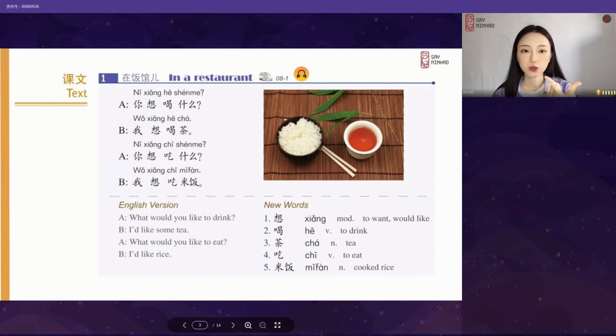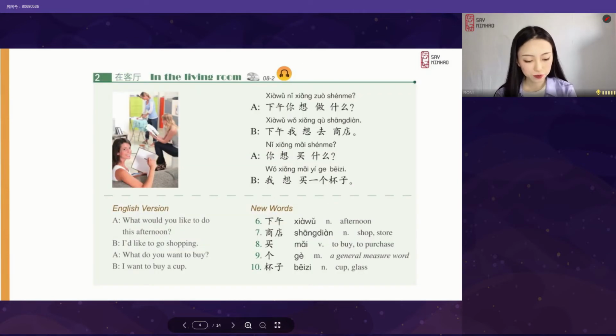Okay, let's switch the row. I will be B and you will be A. Okay, 3, 2, 1. 我想喝茶。我想吃米饭。Okay, very good.